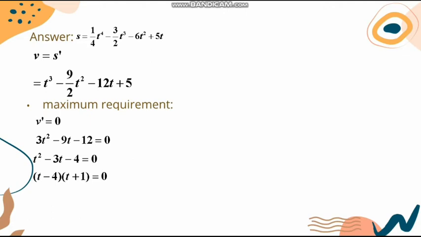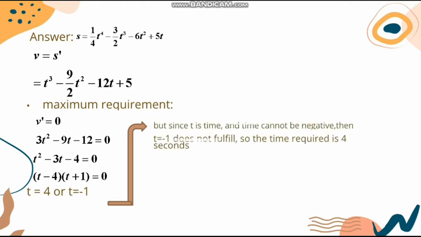From here, we get t equal to 4 or t equal to minus 1. Since t is time and time cannot be negative, t equal to minus 1 does not fulfill the condition, so the time required is 4 seconds.